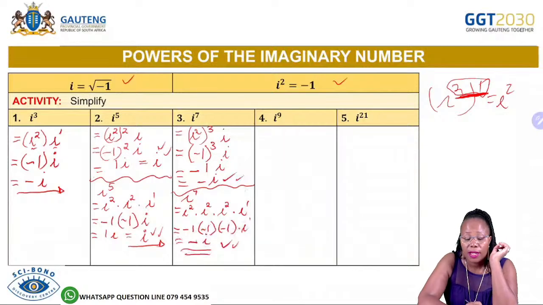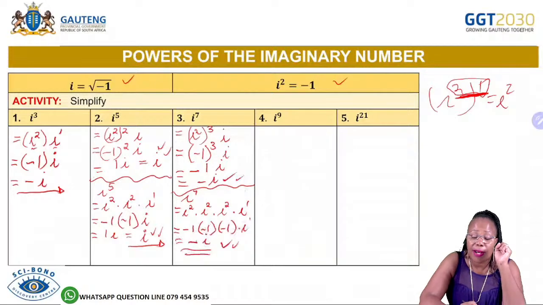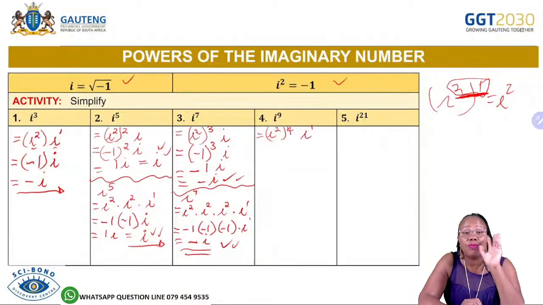Okay. And then number 4, we are having i to the power 9. And then with i to the power 9, we can also target the i squared as we were doing on previous questions. What can we multiply here? We can multiply a 4. And then 4 times 2, it will be an 8, but we still need 1 in order to be a 9.